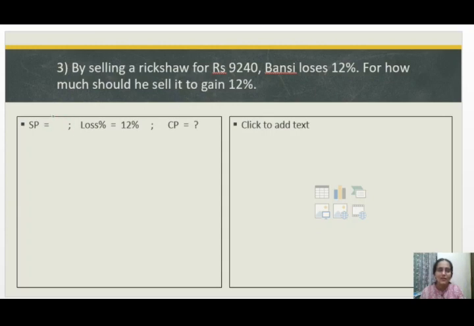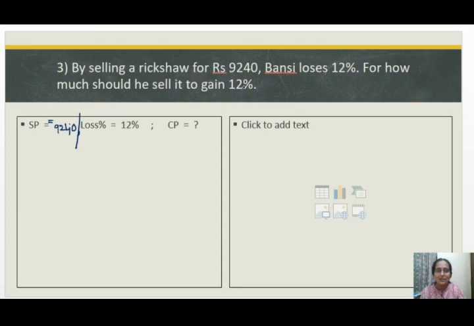It is rupees 9,240. Now loss percent is 12%. We don't know the cost price, we have to find it out.